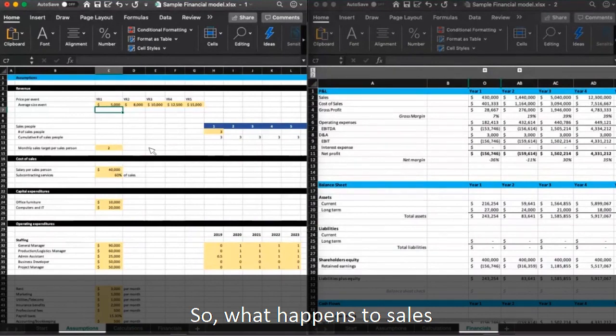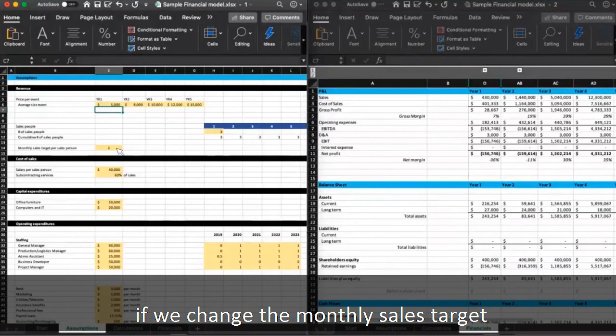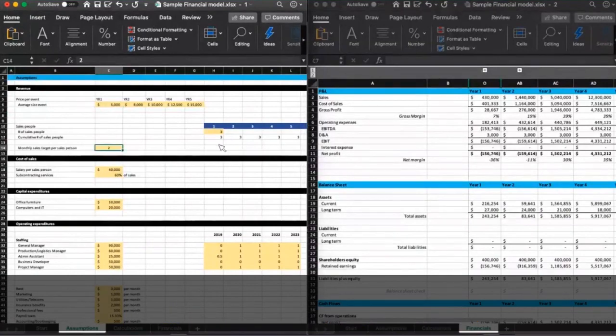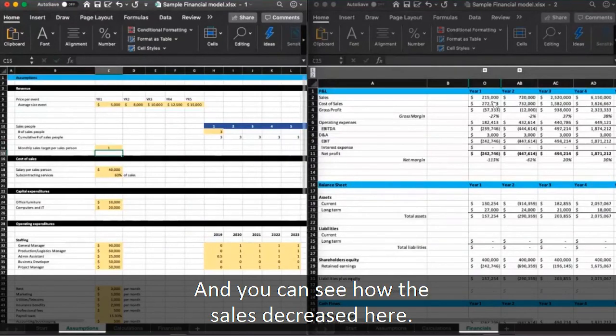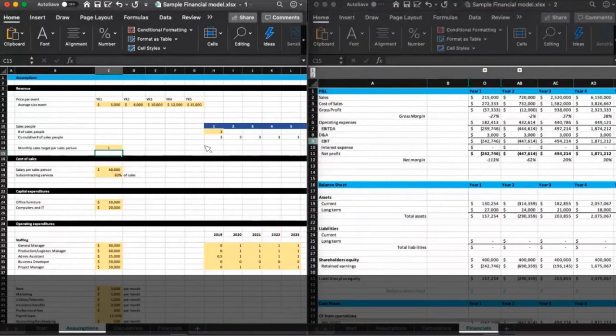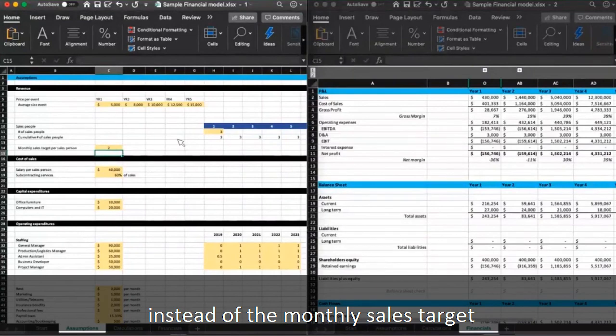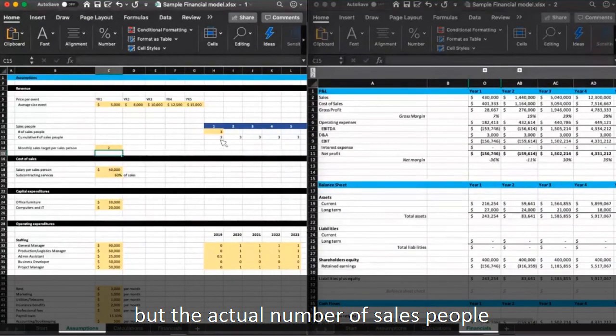So what happens to sales and the financial statements if we change the monthly sales target to 1? And you can see how the sales decreased here radically. Let's say we changed, instead of the monthly sales target, the actual number of salespeople that the company has employed.